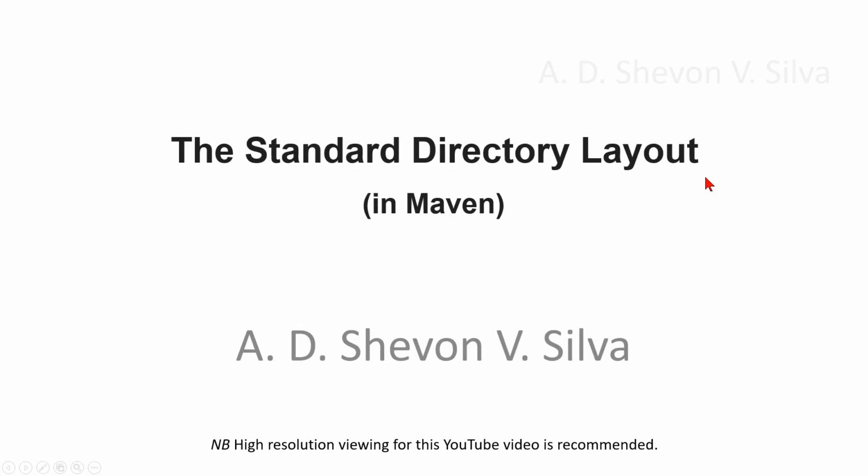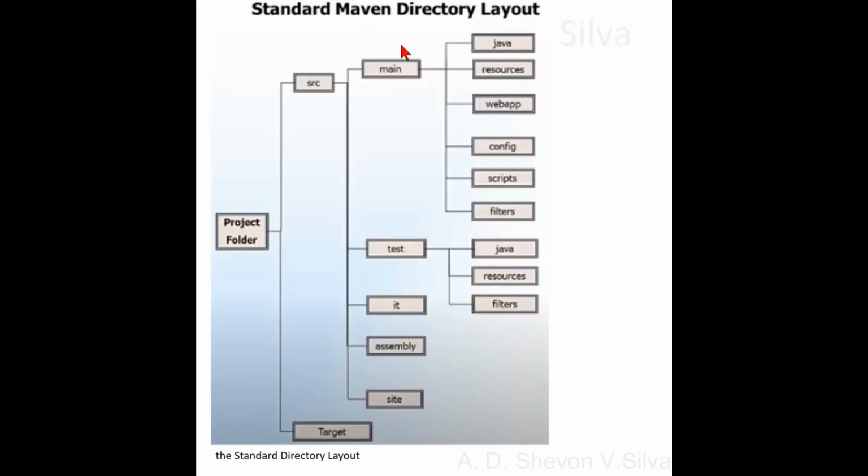The standard directory layout in Maven. Here you can see a standard Maven directory layout. Having a common directory layout allows users familiar with one Maven project to immediately feel at home in another Maven project.